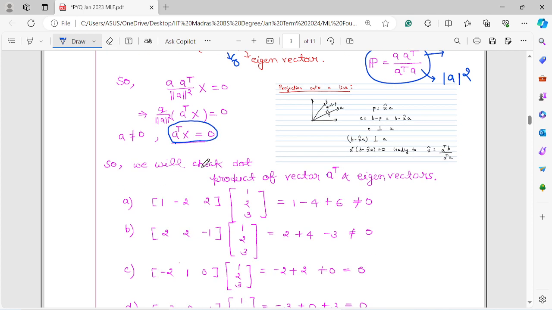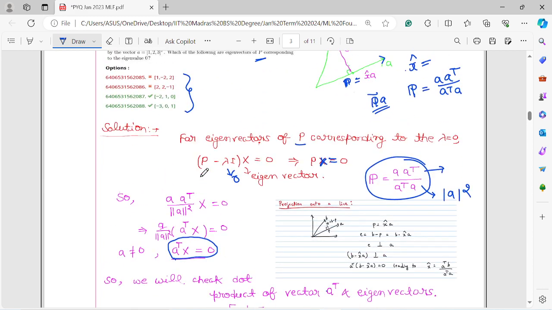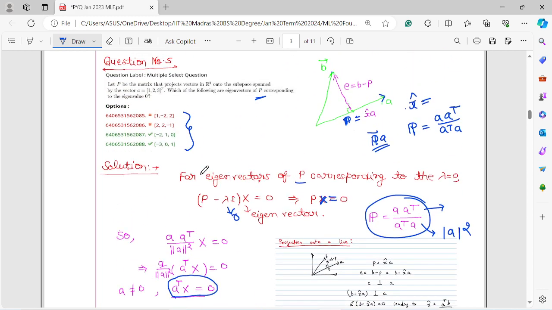So for the first option, we take A transpose, 1 minus 2, with 1 2 3. This is equal to 1 minus 4 plus 6, which is 3, does not equal 0. So this is not a correct option.